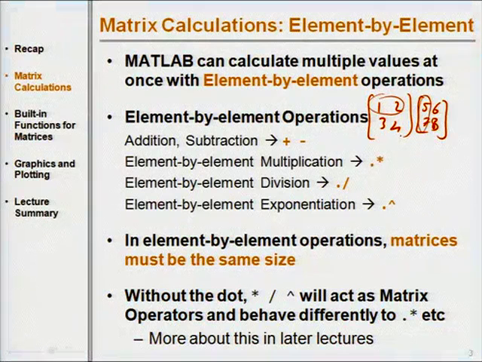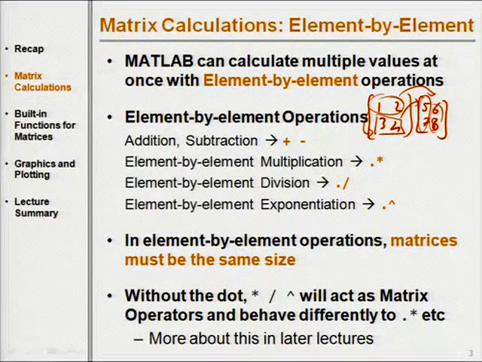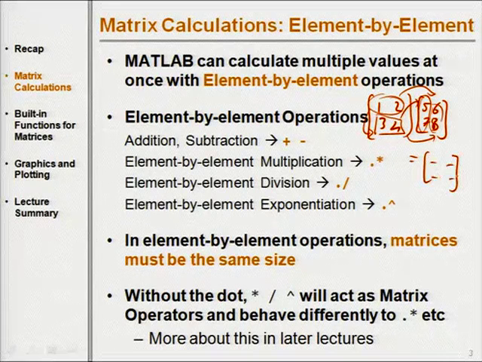Then you take the first row, multiply by the second column. Then you go to the second row, and again multiply by the first column and second column. Your answer will be a 2 by 2 matrix. This is normal matrix multiplication that you would have learned before.